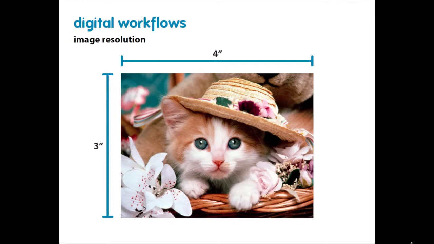So how you compute the necessary pixels is by deciding on the final size that you want the image to be. If I was designing, let's say, a poster, and I wanted to include this image and have it be 4 inches wide by 3 inches tall, I would just multiply those numbers by 270 DPI, and that's going to give me the minimum number of pixels necessary in order to print a high-resolution image.